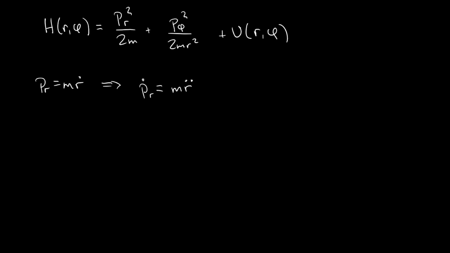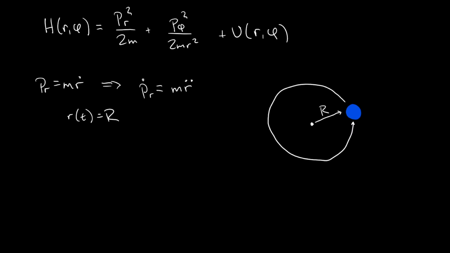Now, let's think of a system where we have, I don't know, some object experiencing some force that makes it go around in a circle of radius r. So in this case, r of t is fixed, right?